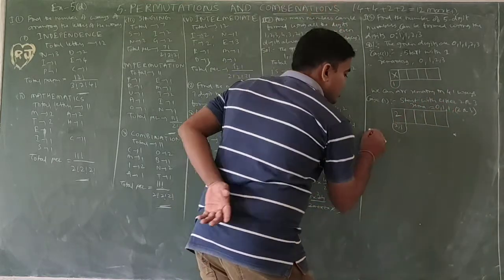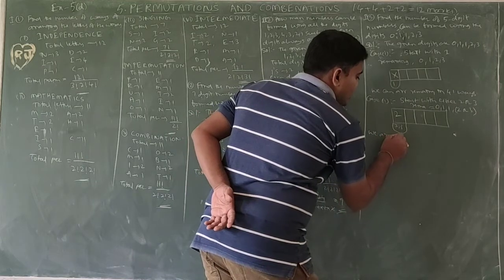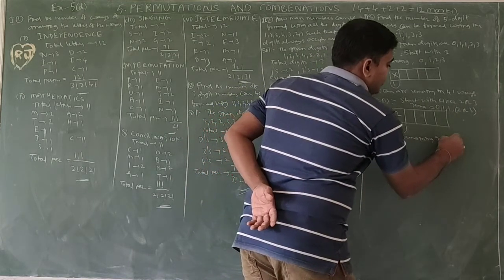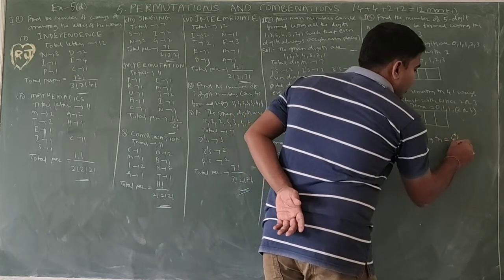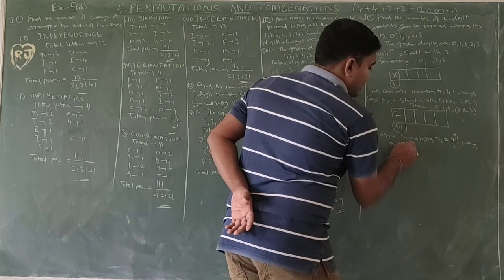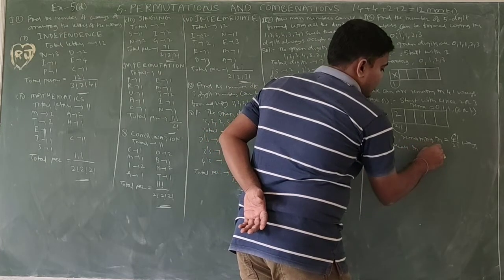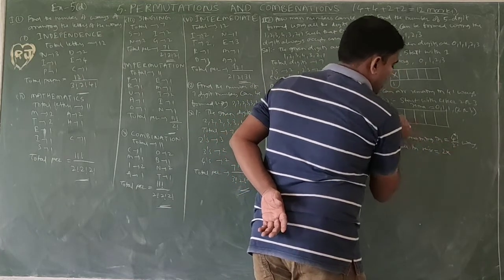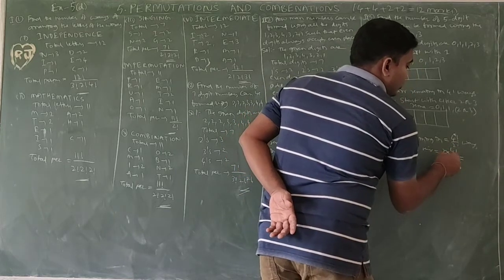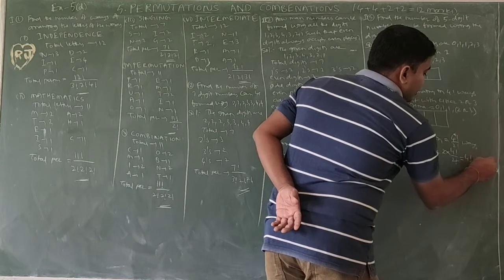So we arrange the remaining in 4 factorial by 2 factorial ways. Overall in this, 2 into 4 factorial by 2 factorial. 2 factorial cancels, giving 4 factorial ways.